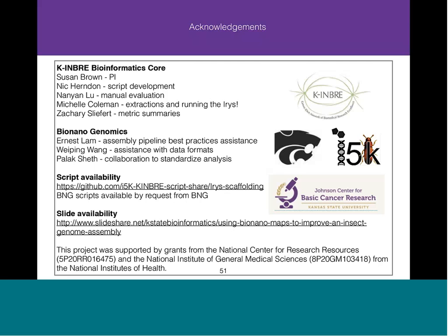So you end up with many pieces that are accurate in regions where you don't have large repeats or skew simple sequence. But with the BNG maps, we have an entirely independent line of evidence for the order and orientation of data within that genome. So pretty much our focus is improving the quality of the assembly.